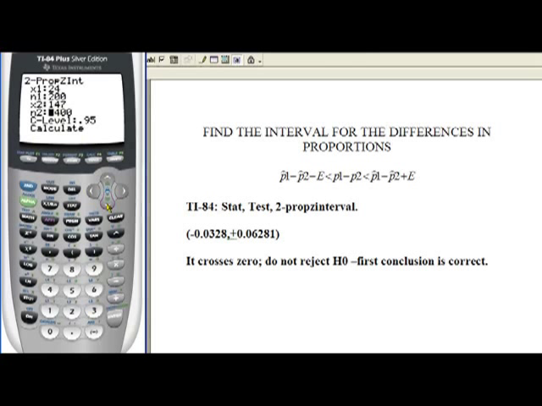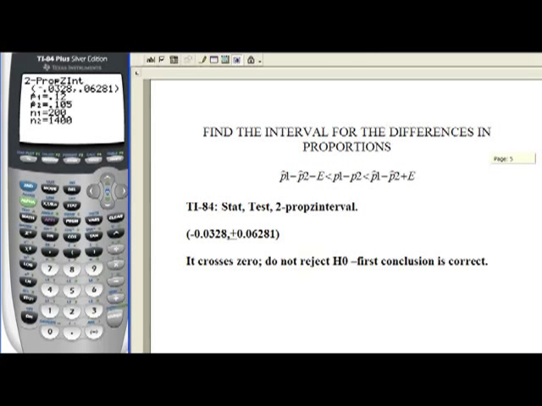If not, you have to re-enter it. And you pick your confidence level as 0.95 and calculate. And that will give you these numbers, negative 0.03 to 0.06. And that means it crosses the 0 somewhere in between. That means we cannot reject H null, which is the first conclusion. Or, doing this problem, you might be looking for the interval. Either way, you'll be getting the answer.